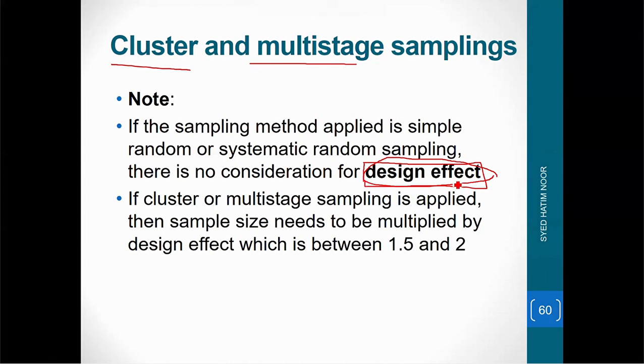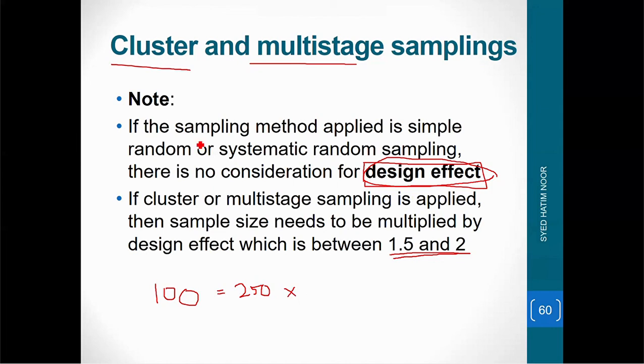Design effect, how to overcome? We have to multiply our sample size by the design effect, between 1.5 and 2. For example, you calculate the sample size and got 100 per group. After adding everything, including the dropout, you need 250 for both groups. You have to multiply by the design effect.